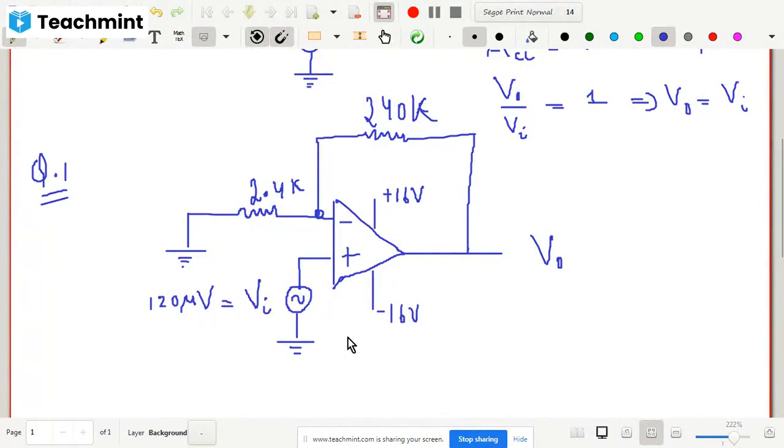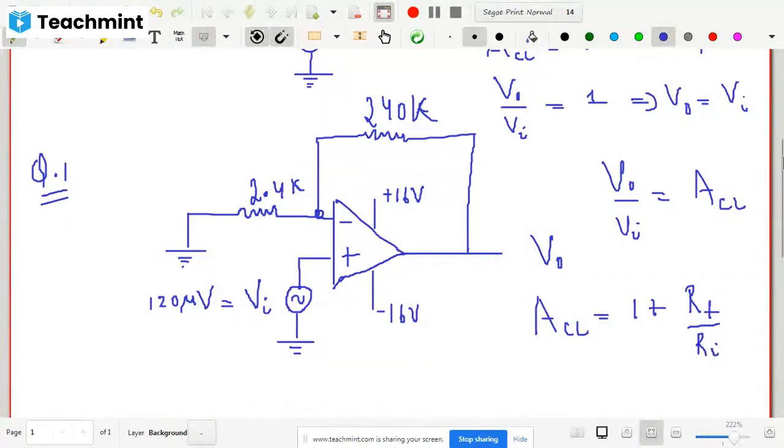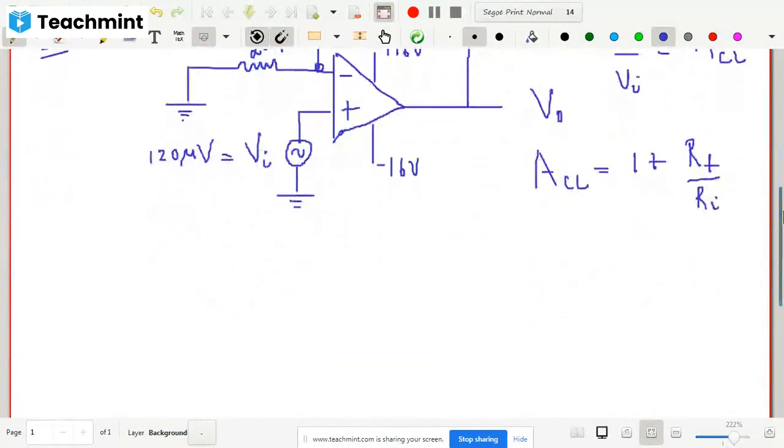So what is the relation between output and input? Look, V naught by Vi is equal to the gain. Now let us first find out the gain. ACL, the closed loop gain, is equal to 1 plus RF divided by RI, since this is a non-inverting amplifier. Now please put the value of RF and RI.